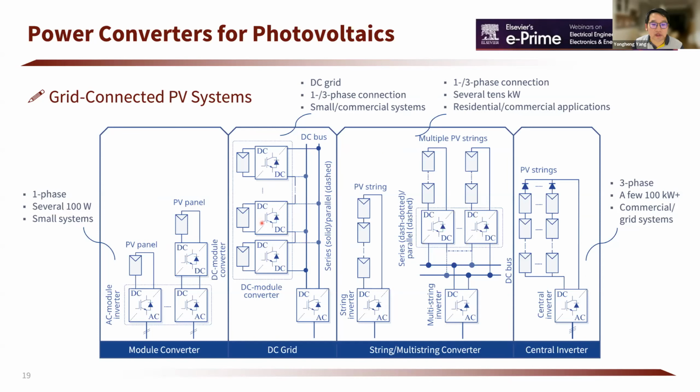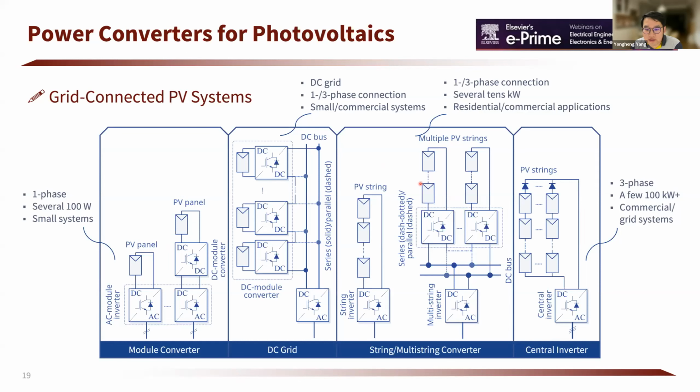For example, you use DC-DC converters, then you connect the DC output to the common DC bus. Then you use a single DC to AC converter to connect to the AC grid. This part is called a DC grid. And this can be a single phase or three phase connection, and it is for small scale or commercial systems.